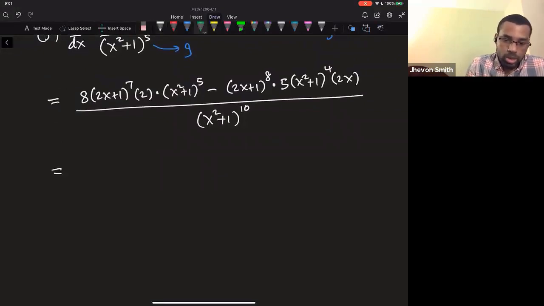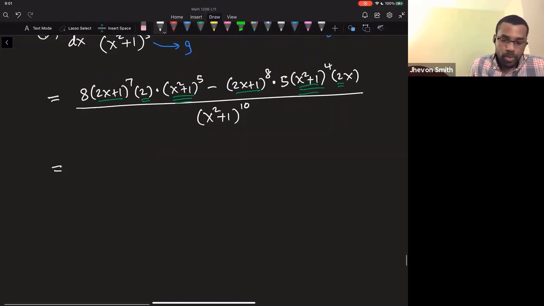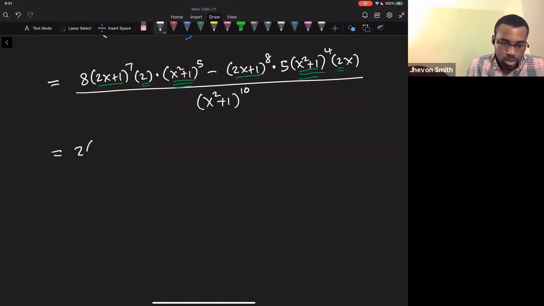Again, want to pull out common terms. 2x plus 1, the 2, the x squared plus 1. 2, 2x plus 1 to the 7th, x squared plus 1 to the 4th.